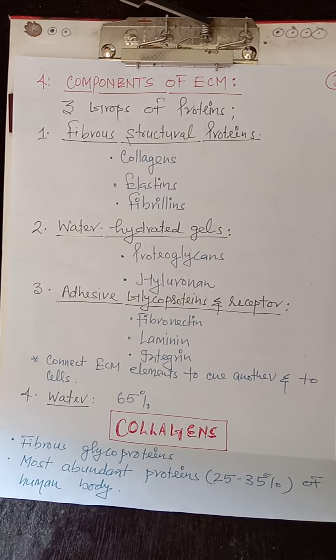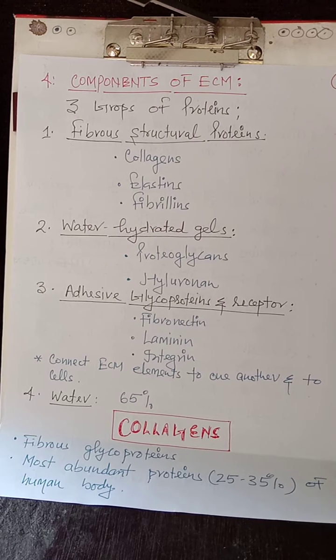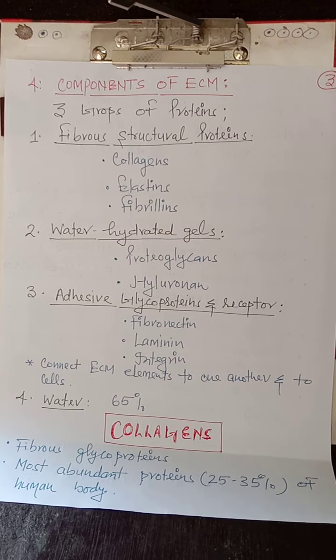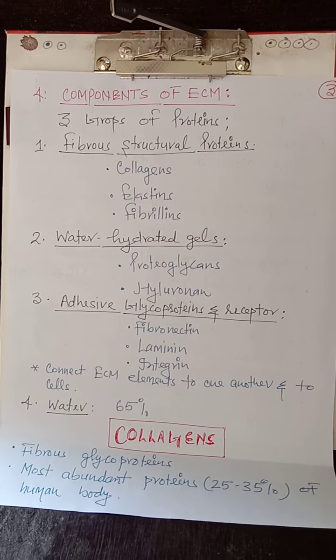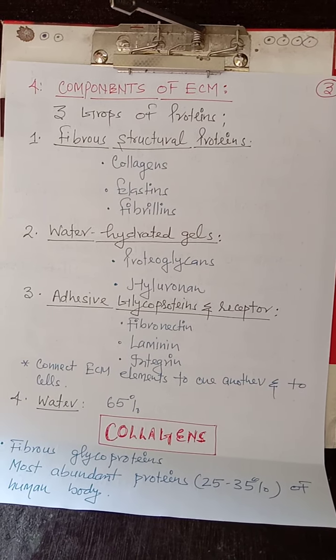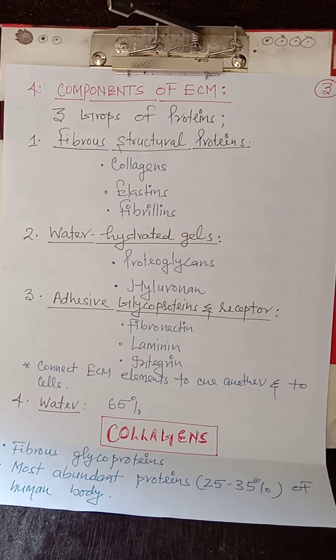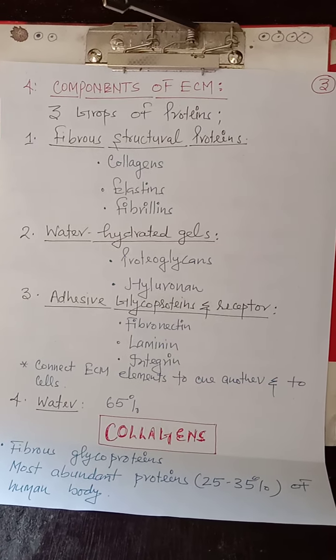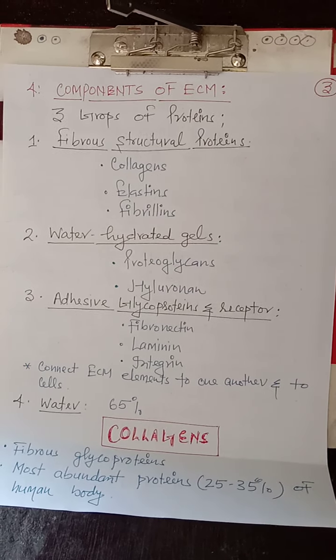And second is water hydrated gels. Such proteins combine with water to make a gel-like structure, and these are proteoglycans, hyaluronan. And third one is adhesive glycoproteins and receptors.